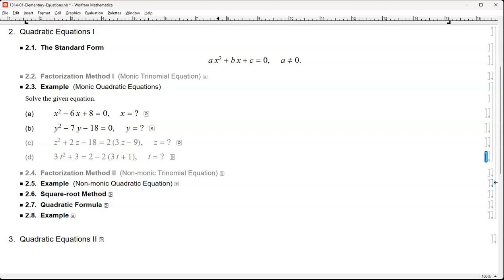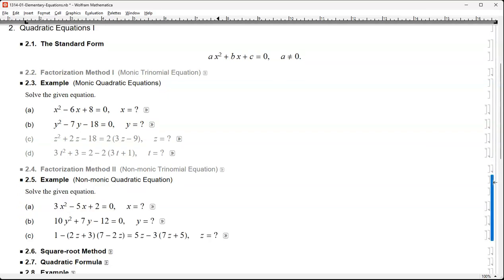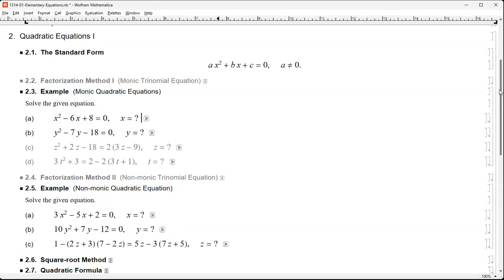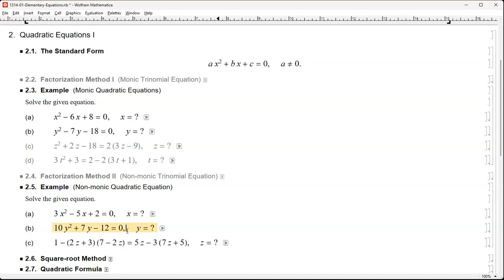And then later, we are going to consider non-monic quadratic equations like this. Leading coefficient is 3, not 1. Next one here, the leading coefficient is 10 for the second problem. And now this one, I cannot tell at this moment. After simplification, it'll become clear.